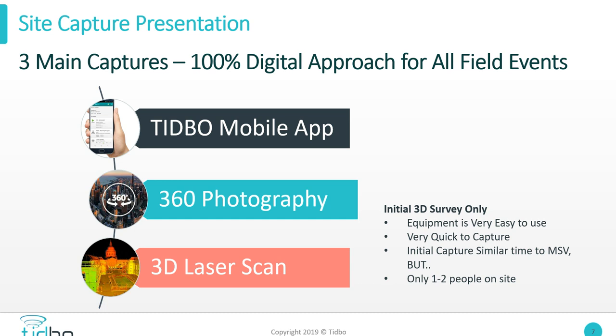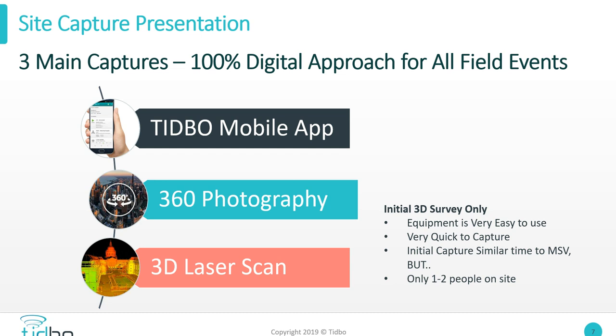A very important point here is that this entire process, when we're looking at the initial digitization, the equipment is very easy to use. You're going to see that in a moment. It's very quick to capture, and the initial capture times are actually similar to MSVs, and we're working towards throughputs that are actually faster than typical MSVs.